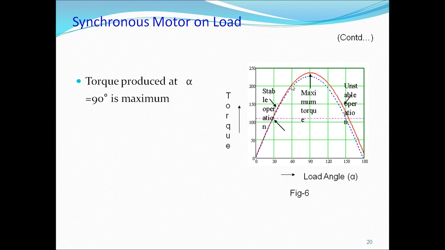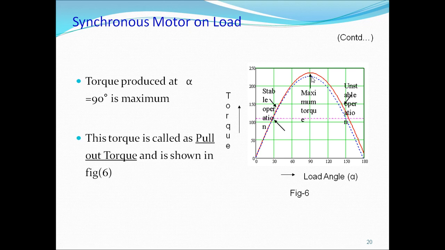When the angle reaches 90 degrees, that is the maximum, then what happens? The motor is unable to withstand, unable to operate. After the angle increases beyond 90 degrees, the torque reduces. The torque reduces in the graph and comes to zero.